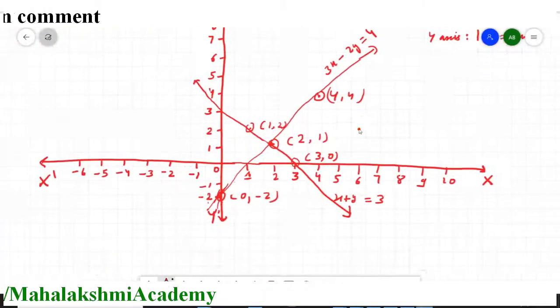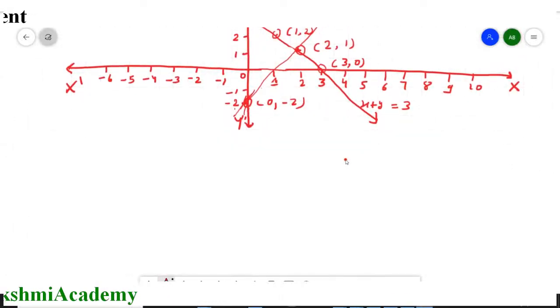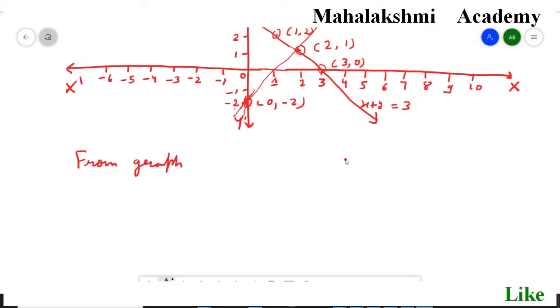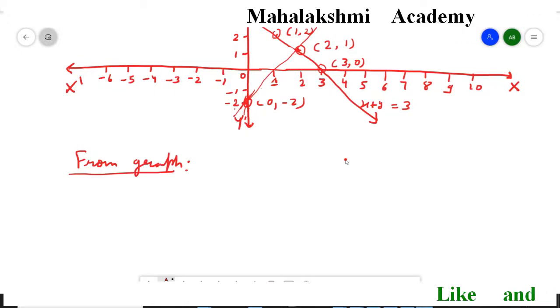So the nature is that the lines have a unique solution and the solution is (2, 1). So we'll write that now in the last. After drawing the graph, we have to write down from the graph the conclusions which we are going to make.